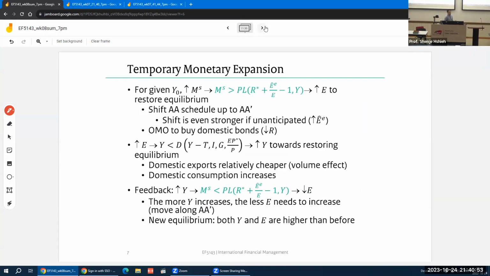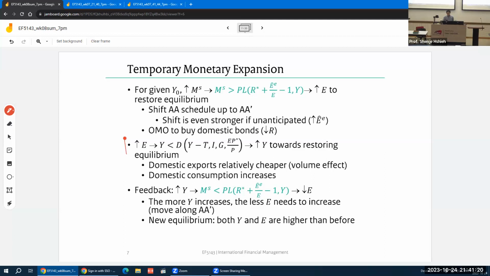We analyzed a temporary monetary expansion today, in which we increase MS, and we follow the logic of how MS translates to a shift in the AA schedule and how things change and ultimately feed back into the DD schedule, the aggregate demand function. And the feedback is represented by moving along the curve. That's the takeaway here.